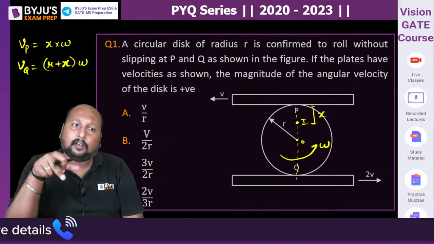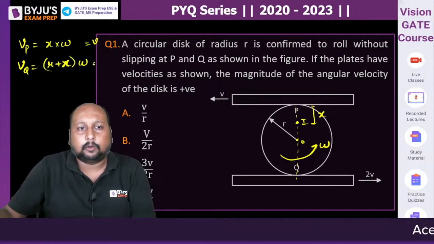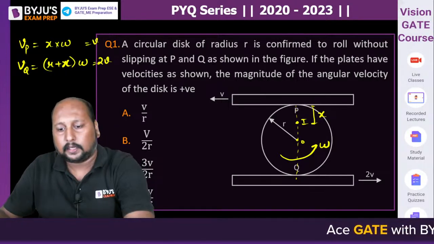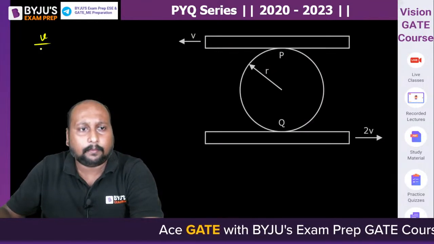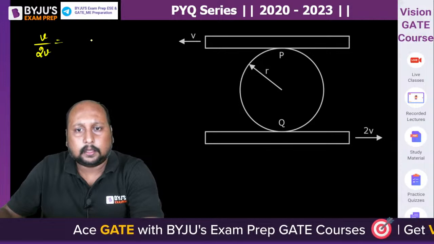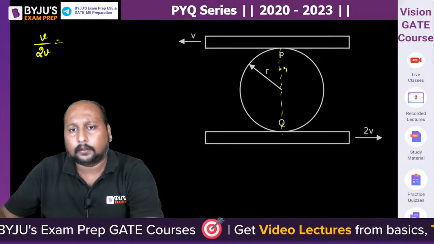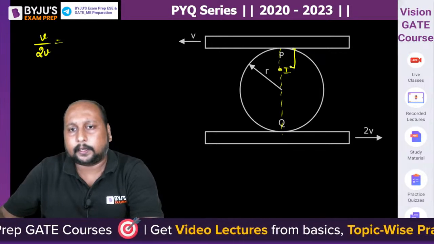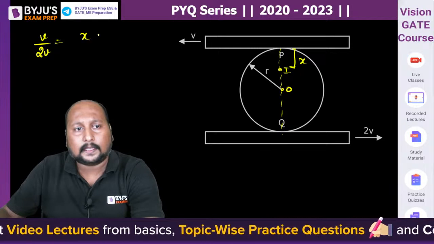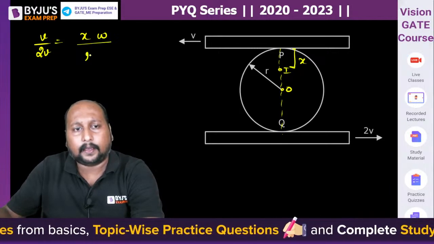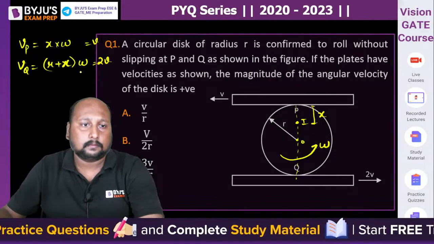Once you get the value of x, you can place it in one of the equations, because this is equal to v, this is equal to 2v. Take this ratio: v by 2v is equal to x into omega divided by, oh, this is 2r minus x.